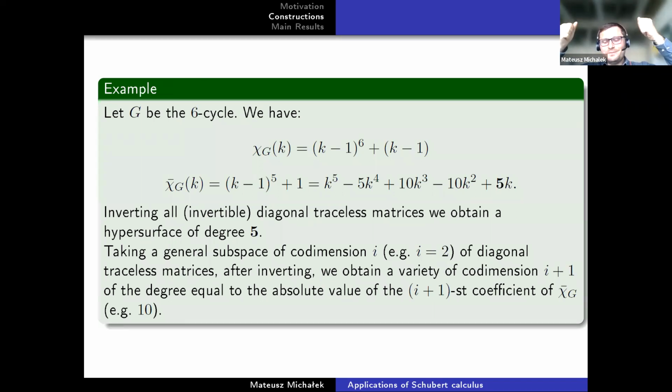So in particular, if you take all traceless 6 by 6 matrices and invert them, you will get a variety of certain, still diagonal, but not a linear space of 6 by 6 diagonal matrices. And this will be a hypersurface of degree 5. And this degree 5 is one entry of the multi-degree, and it's one entry in the reduced chromatic polynomial.